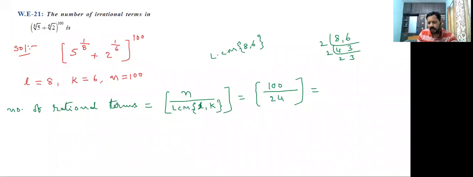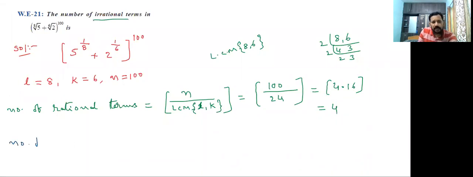Floor of 100 by 24. 100 by 24 is approximately 4.16. Floor of 4.16 is 4. The number of rational terms is 4. But in the question they are asking for the number of irrational terms.